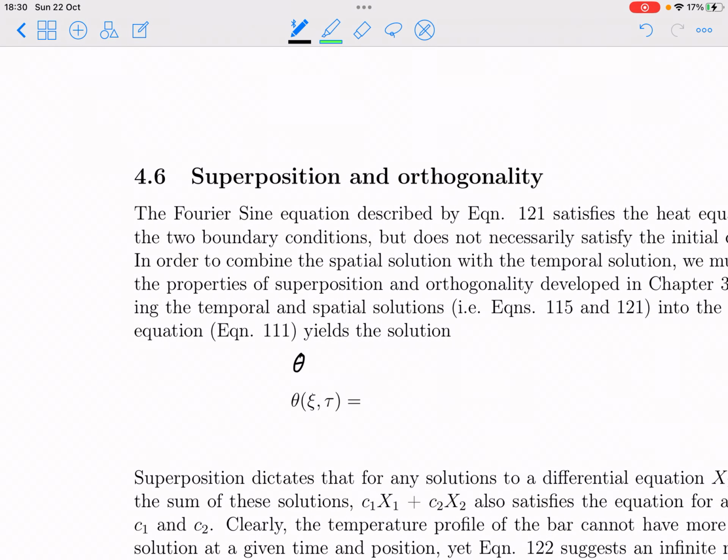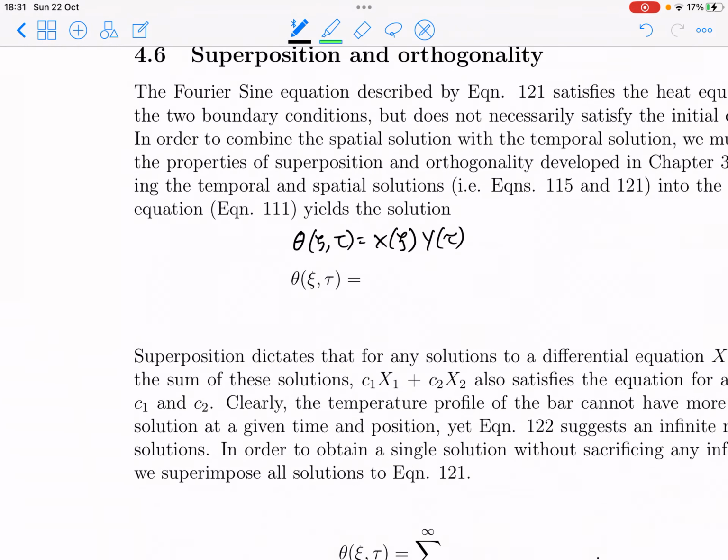So you recall that we made up this concept that theta was going to be a function only of X of xi and Y of tau, and being unable to disprove it, we're going to continue to believe that's true. And that's exactly the kind of crap that mathematicians do.